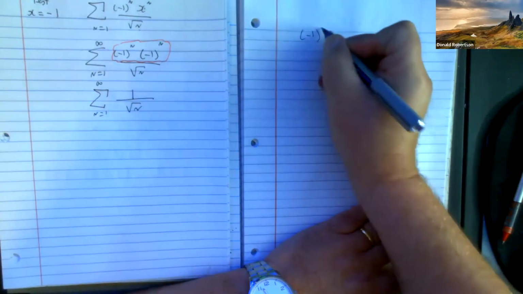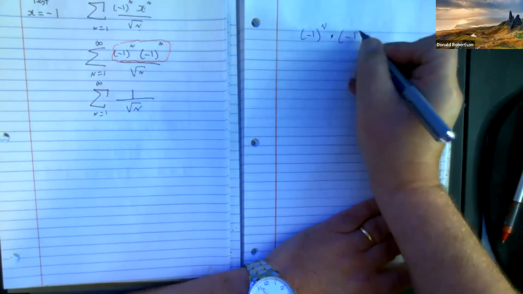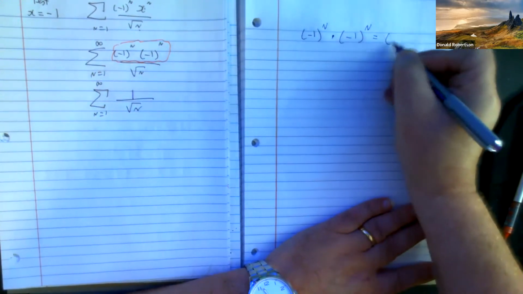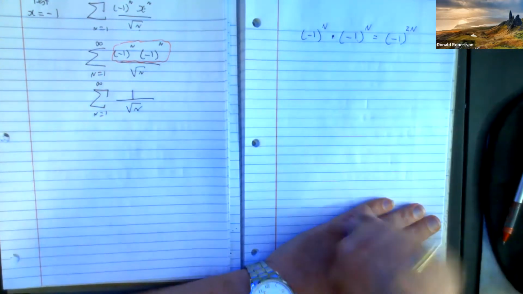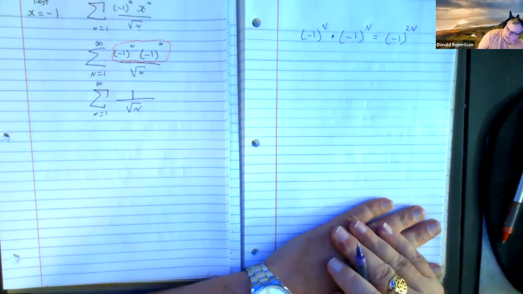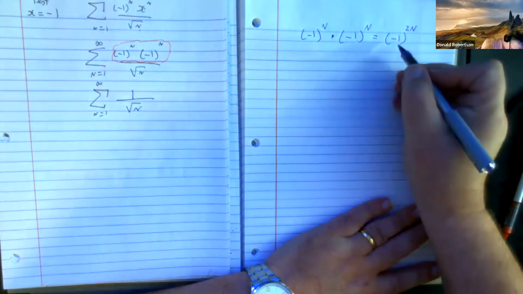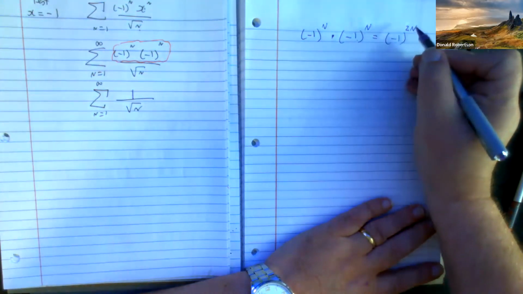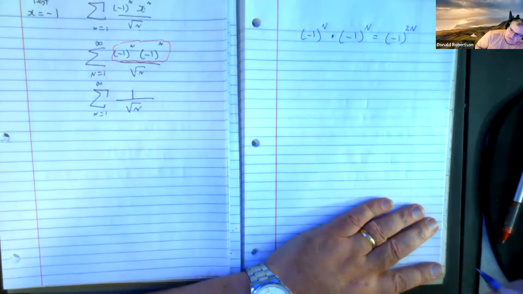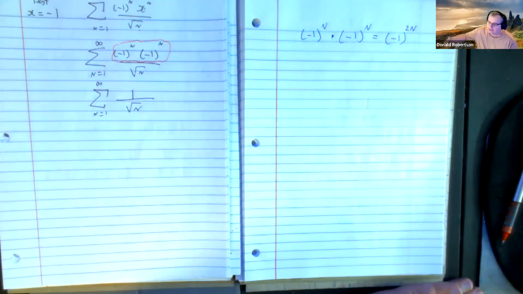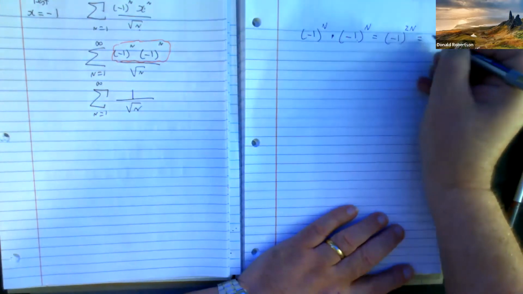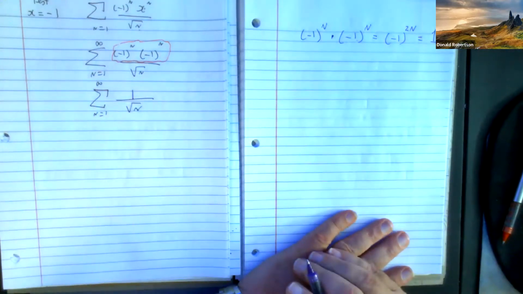If I do -1 to the n times -1 to the n, the rules of algebra say that if you multiply two things together, you add the powers. So far, so good. Now, that is -1 to 2n. Doesn't that mean it's -1 to an even number? Because n's 1, 2, 3, 4. So it's going to be -1 squared, -1 to the 4, -1 to the 6. So using that logic, I could say it's 1.